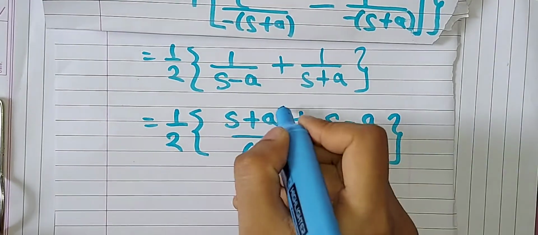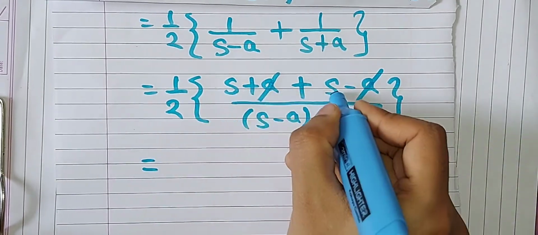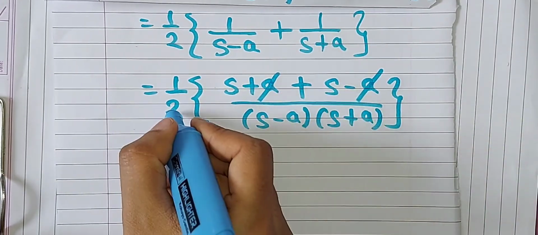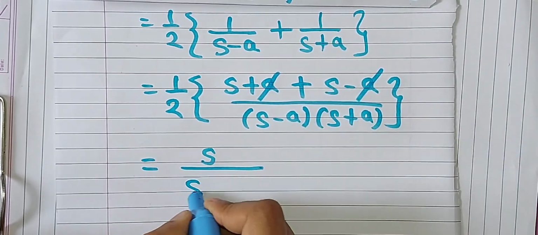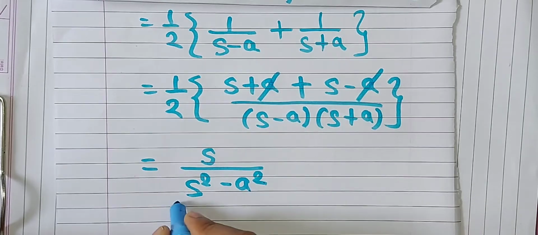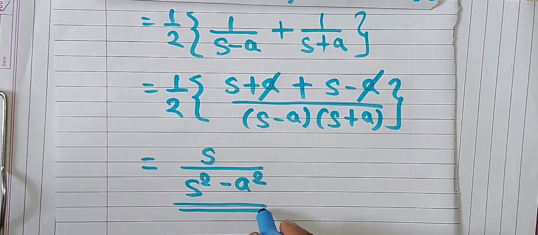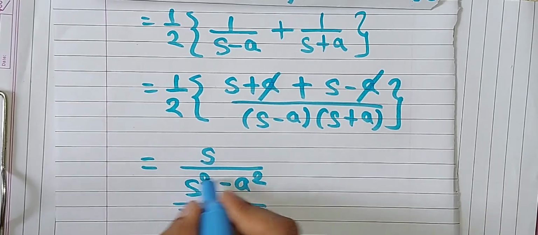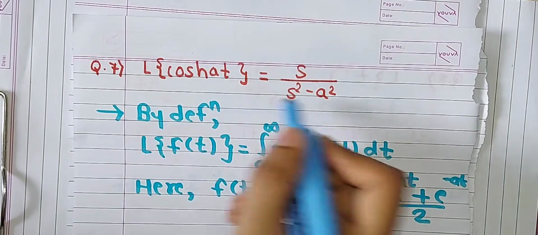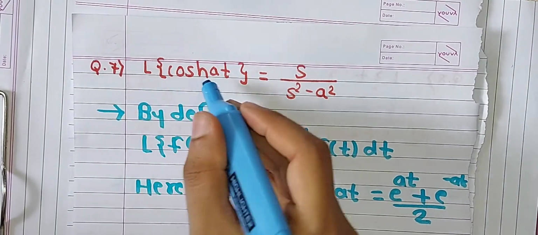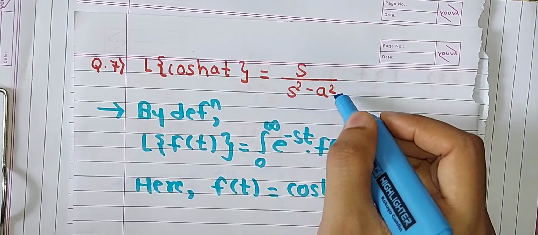Here a and minus a cancel each other, then the remaining term is s plus s, that is 2s, and 2 and 1 by 2 cancel each other, so the remaining term is s divided by s square minus a square. So we have obtained the value of the Laplace transformation of cos hyperbolic at: s upon s square minus a square. That is, the Laplace transformation of cos hyperbolic at is equal to s divided by s square minus a square.